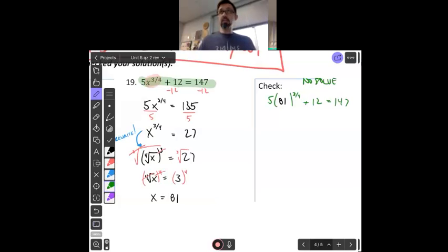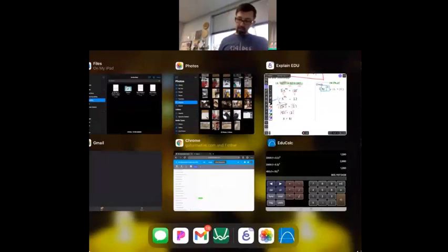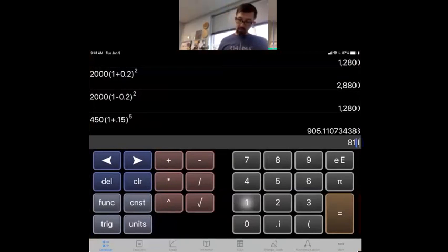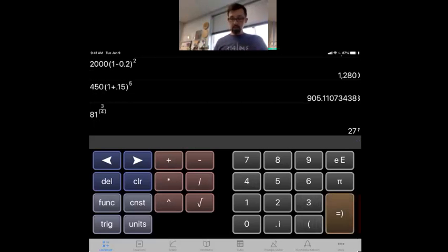So your job is to simplify that left-hand side. So again, you guys would just type that into your calculator, 81 to the 3/4. I talked to you guys about how to do that. 81 caret parenthesis 3 divided by 4. You have to put that in parentheses, or else it will not give you the right answer. That's 27.